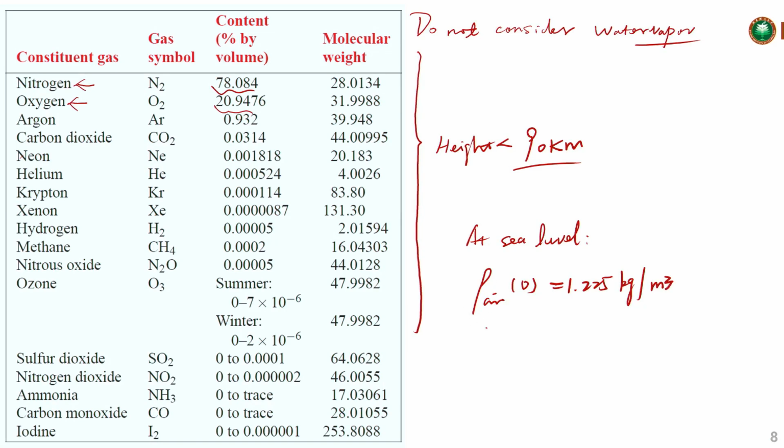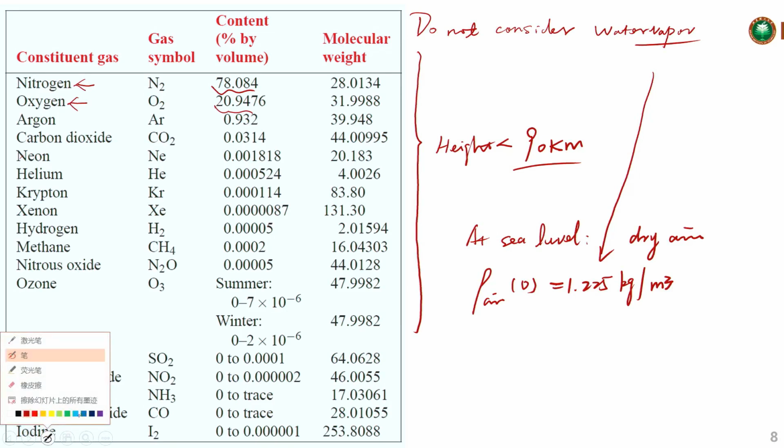Because we do not consider the water vapor, this is for dry air. If water vapor is included, then this becomes more complicated because we need to take it into consideration.